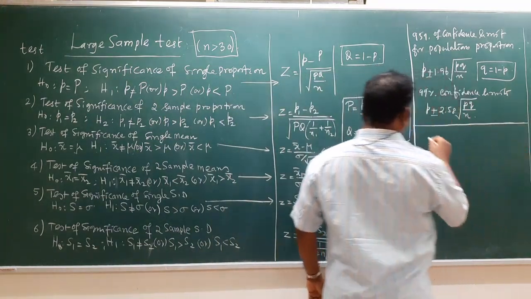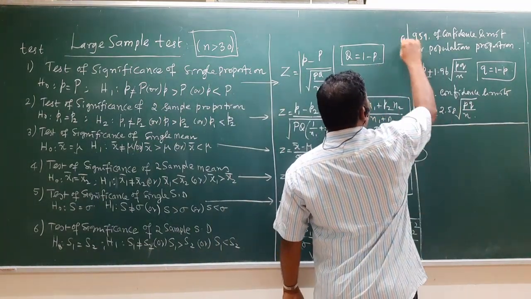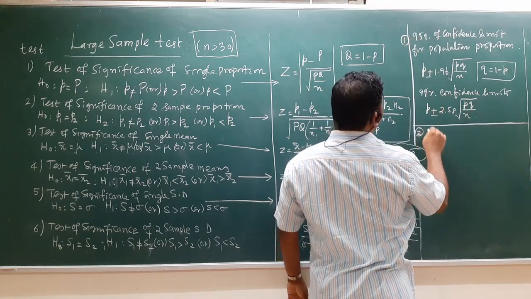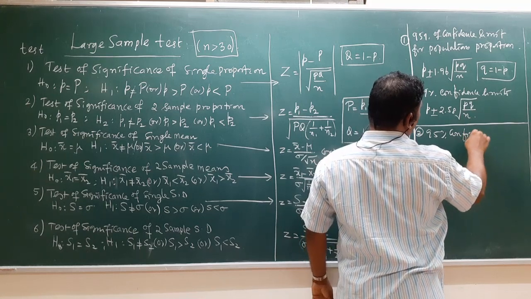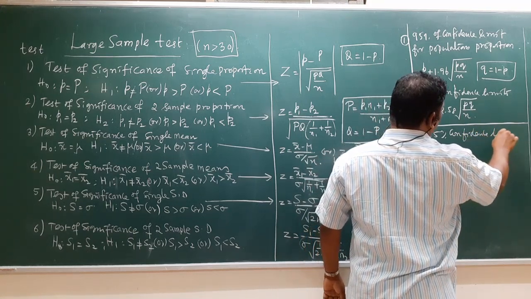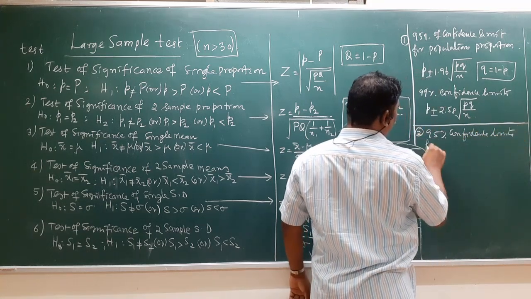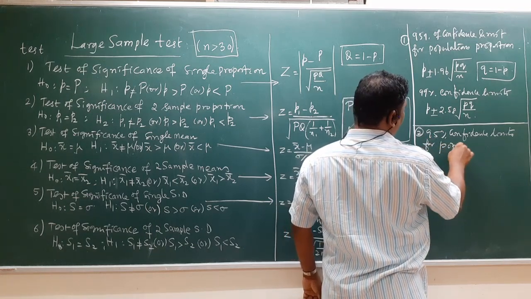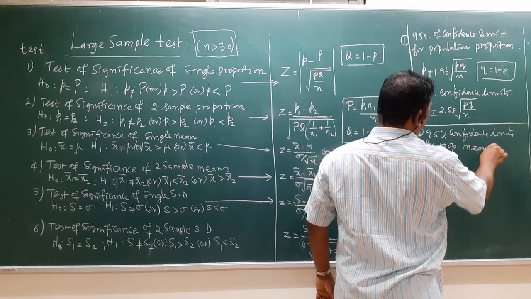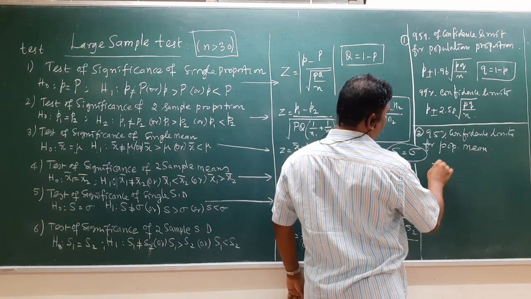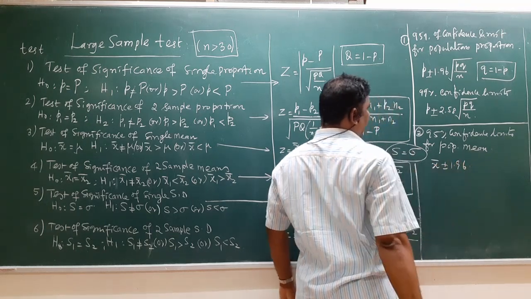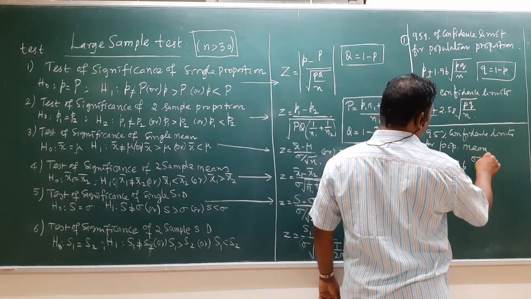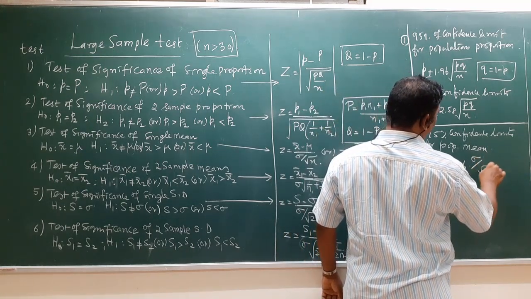Second one is 95% confidence limits for population mean. This one is x bar plus or minus 1.96 into sigma by root n.